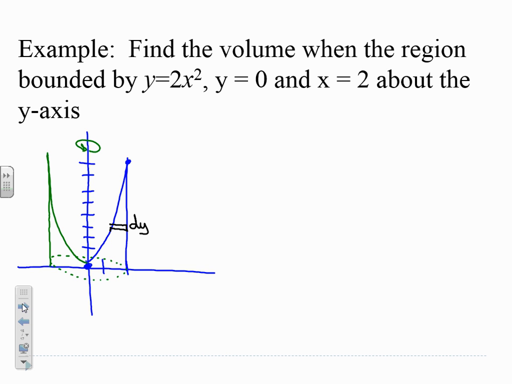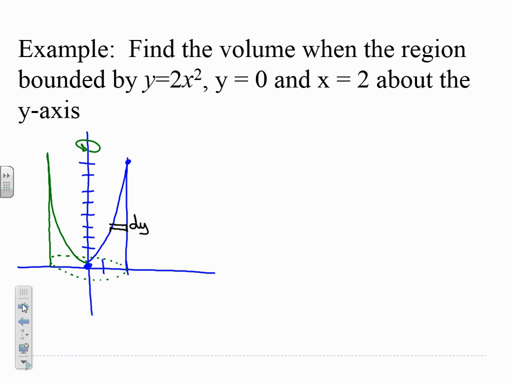So we're actually getting something that looks like my speckle of rings here, these washers where the hole is around the y-axis. So this yellow thing's my y-axis.